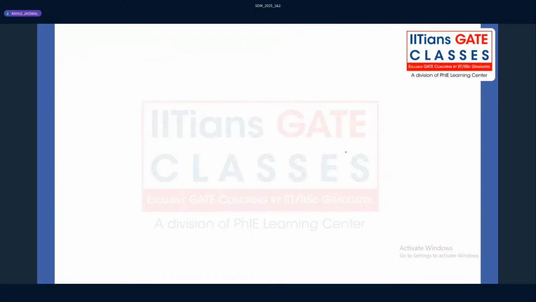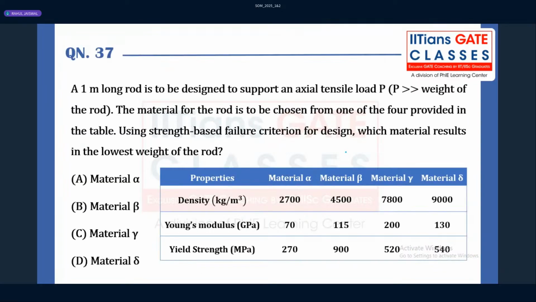Now coming to the next question, guys, that is question number 37. Now read this problem. A 1 meter long rod needs to be designed to support an axial tensile load P. Before moving to this question, if any doubt, we can take that out.